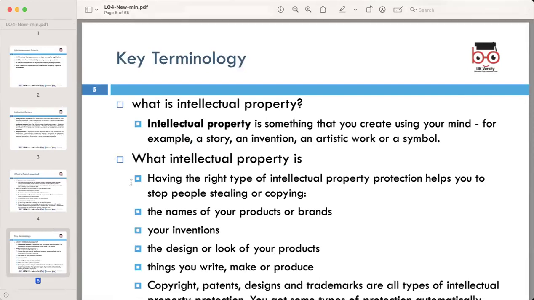What is intellectual property? Any comments on this? If you have any idea, Ganesh? Yeah.